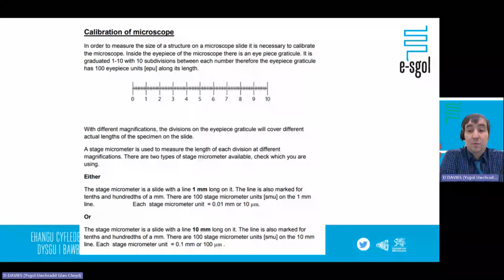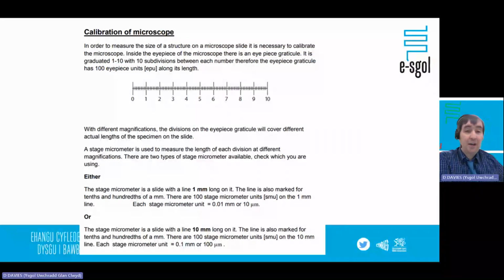It has 1 to 10 in large divisions, and each of those is divided up into 10 pieces, so it has a little ruler that has 100 units along it. So the eyepiece lens has a ruler inside it called a graticule.